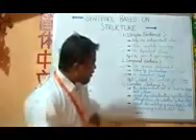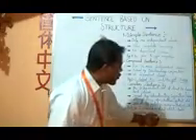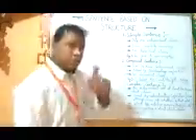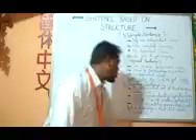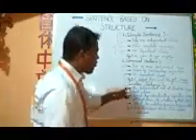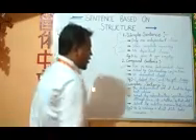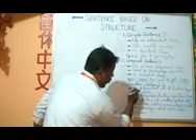See, for example, I have written: he is wearing a shirt which looks awesome. Listen to the example one more time: he is wearing a shirt which looks awesome. Now talking about the first point, with the example itself this will be clear. Look over here. One independent and at least one dependent clause is there.